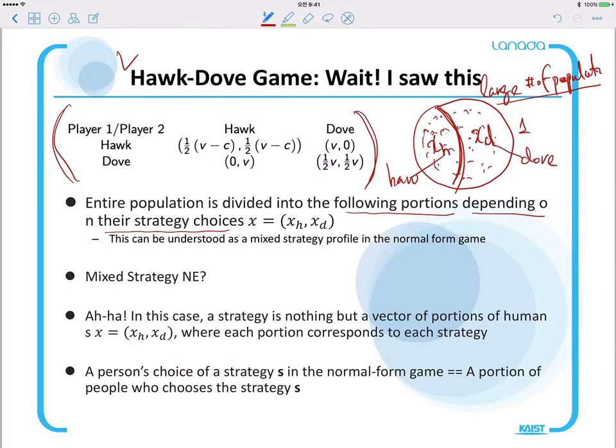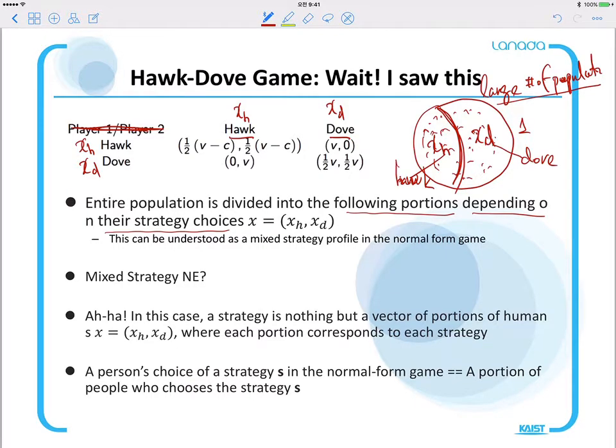Now look at what happens. This xh and xd are the portions of the entire population that chooses the hawk strategy and the dove strategy. This is not player 1 and player 2 anymore.